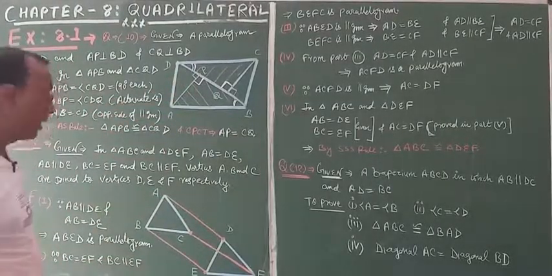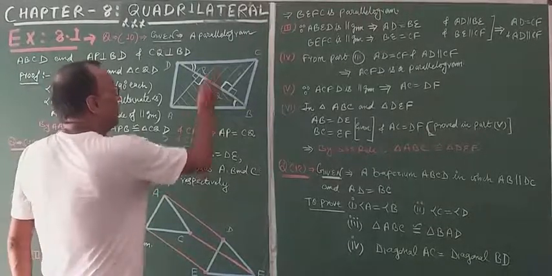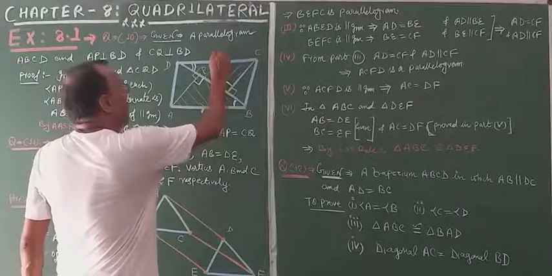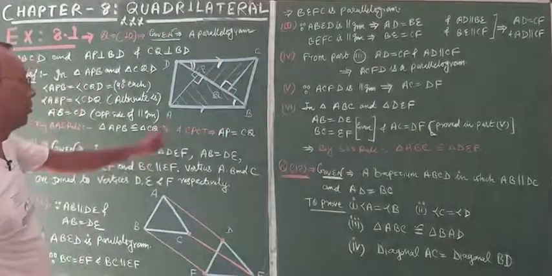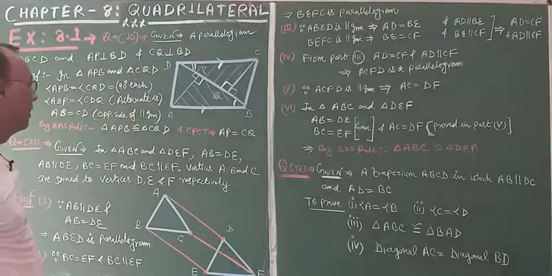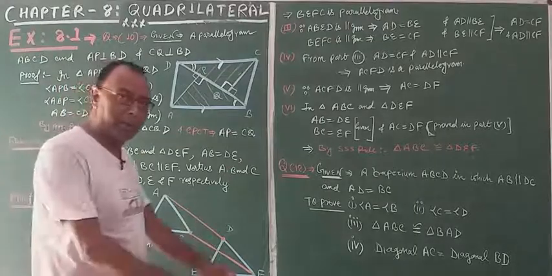Why are they alternate angles? Because line AB is parallel to DC, because this is a parallelogram, and BD is a transversal. Therefore, these two angles are alternate angles. Again, AB is equal to CD because they are the opposite sides of a parallelogram.